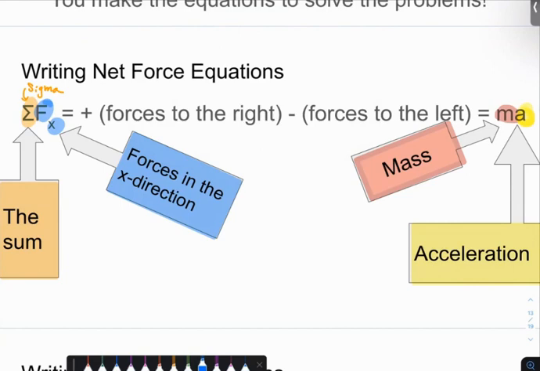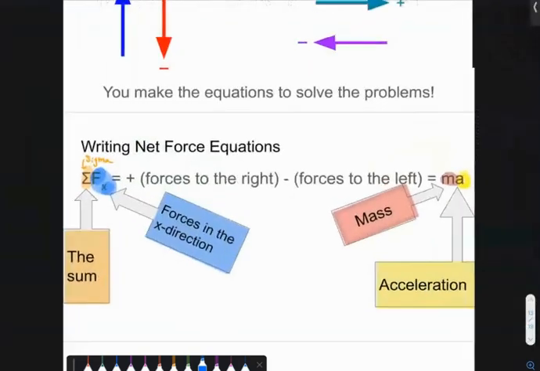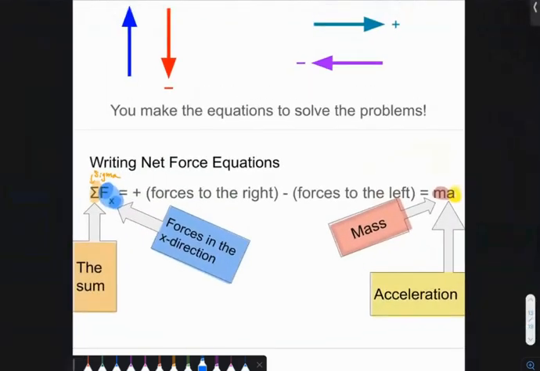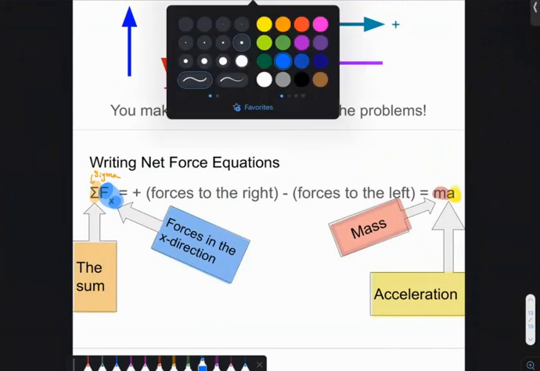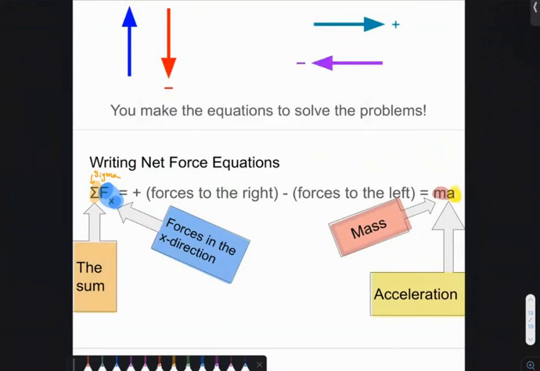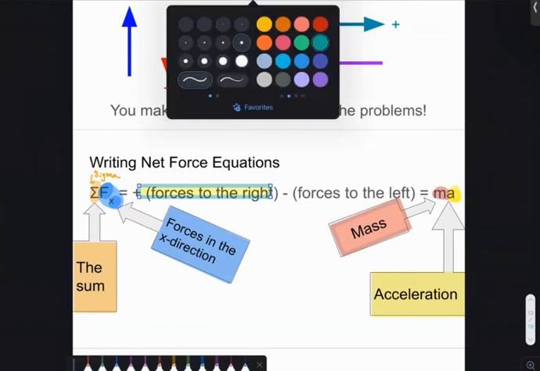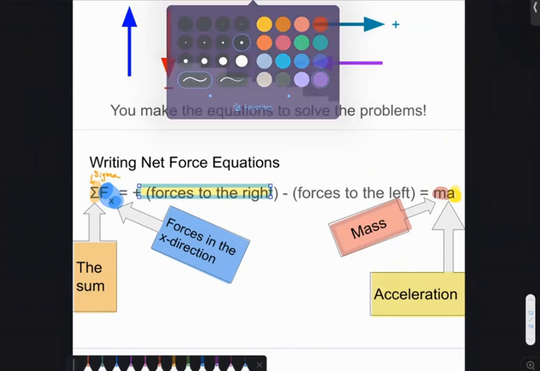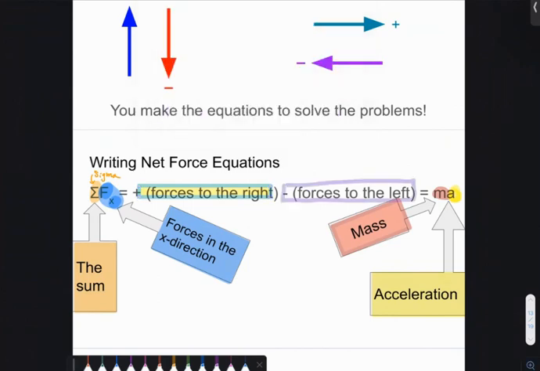So Fx means the forces in the x direction. And then up here, we said to the right is positive. So anytime we see a force going to the right, we are going to add it. And anytime we see a force to the left, we are going to subtract it. So it'll be a minus whatever forces are to the left.